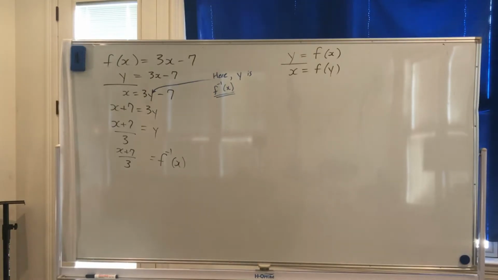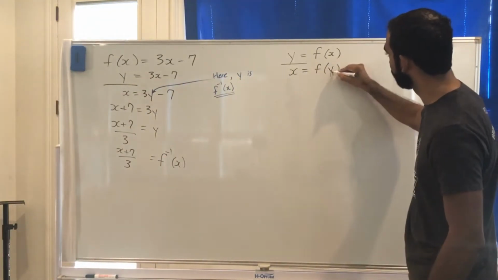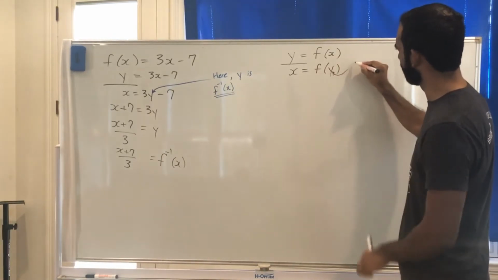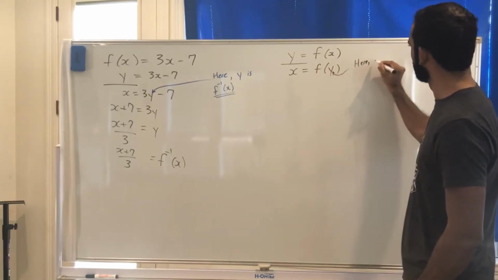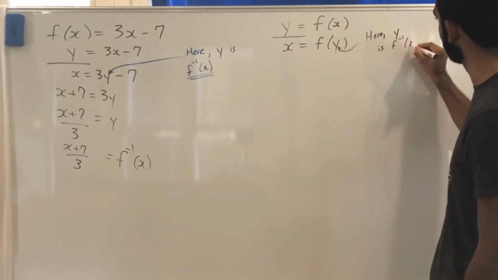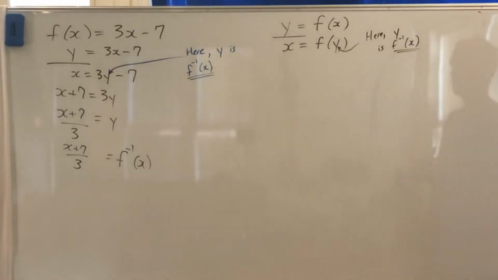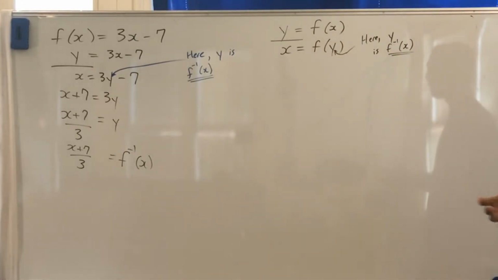So this is just generalizing what happened here, but again, like before, here y is f inverse. It is not f. So always remember that. So that's just it for how you find the inverse function exactly. You do this process, solve for y, solve for f inverse.